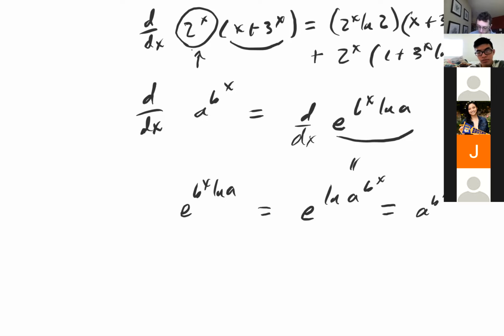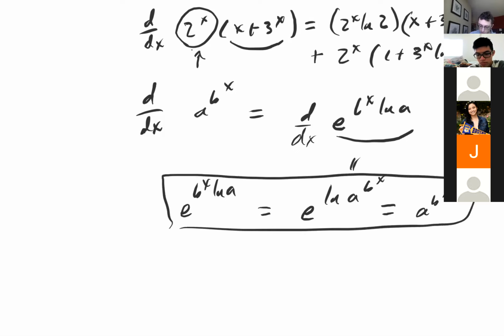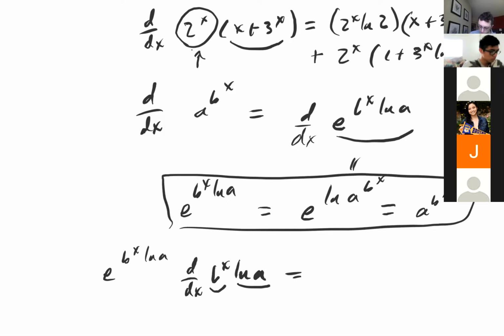Okay, so then, great, we know that we can rewrite it like this. And now let's take the derivative. So again, we're just using chain rule. We get e to the b to the x ln a for the first part of the chain, so just the entire function. And then for the inner function, we get d/dx of b to the x ln a. Now ln a is just a constant, and b to the x, we know how to find the derivative already.